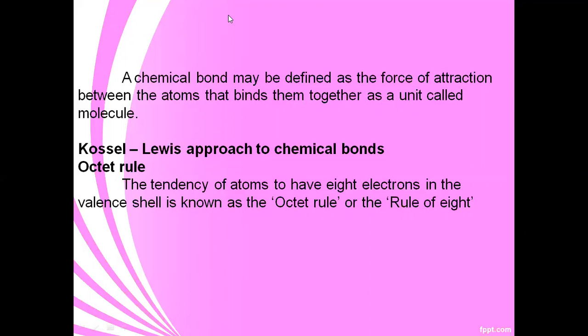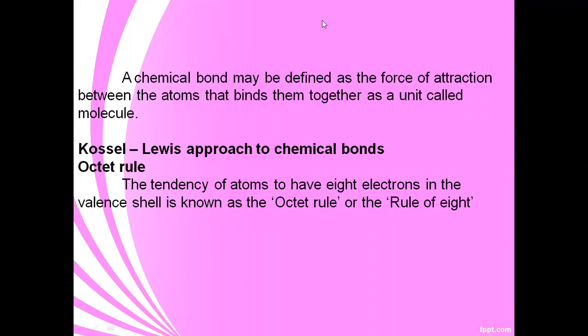Already we know what electronic configuration is. We learned about it in Unit 11, Atomic Structure, and how to draw the atomic structure of an atom. The tendency of atoms to have 8 electrons in the valence shell is known as the octet rule, or the rule of 8.